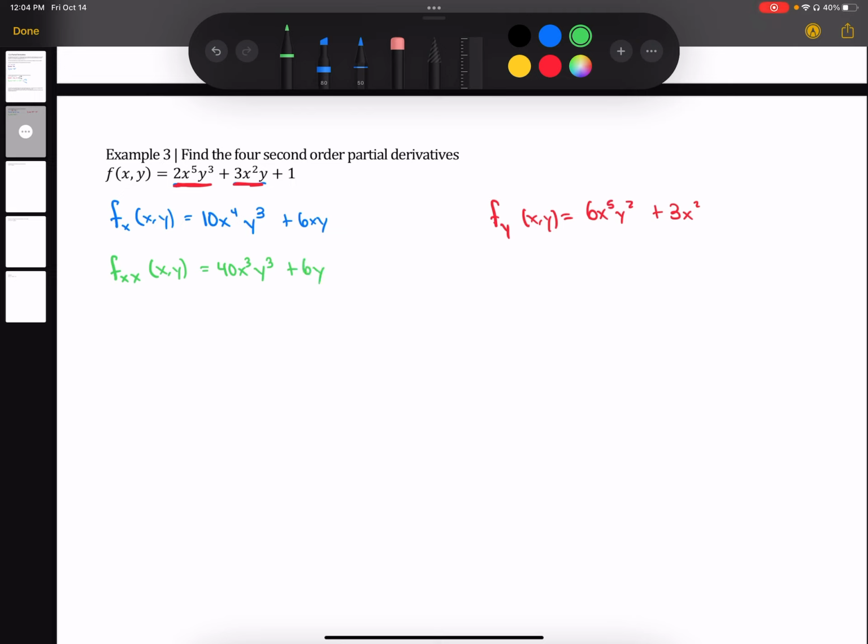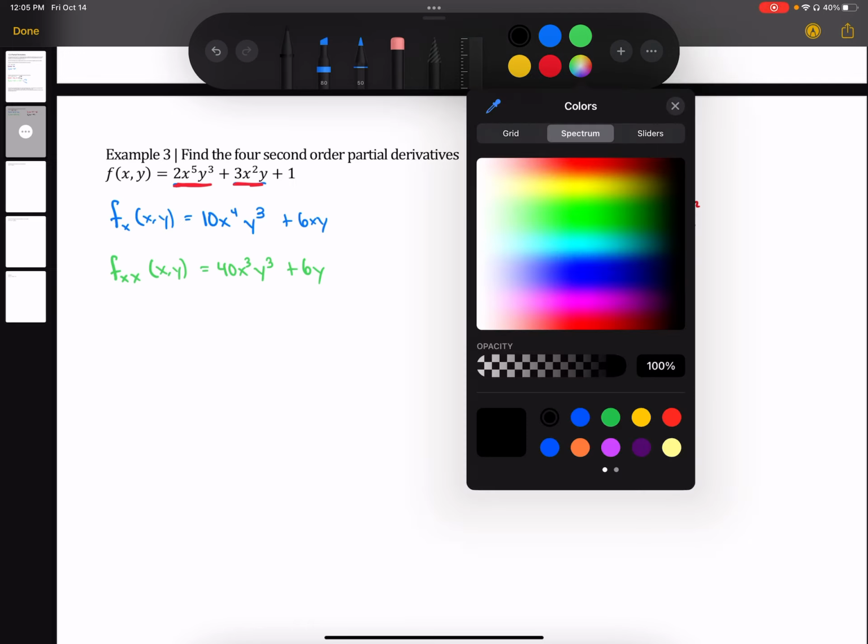And then for fyy of xy, we're going to get 12x to the fifth y. And the derivative of this term is going to be 0 because it doesn't contain an x. I'm sorry, it doesn't contain a y.